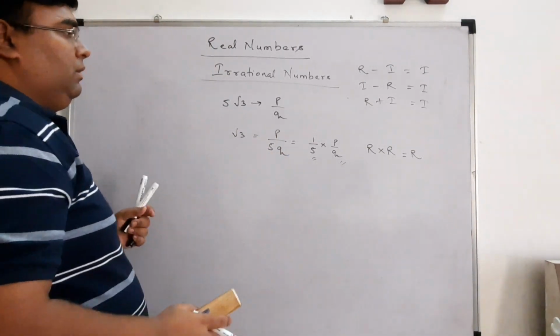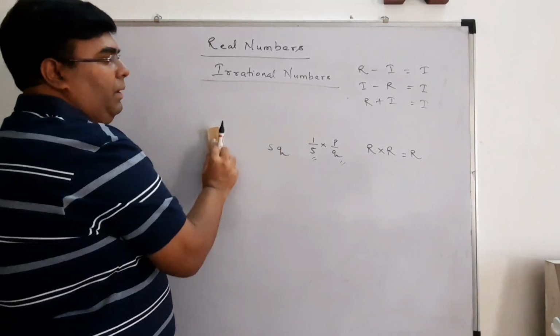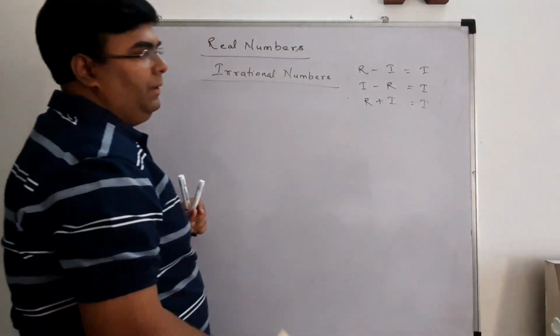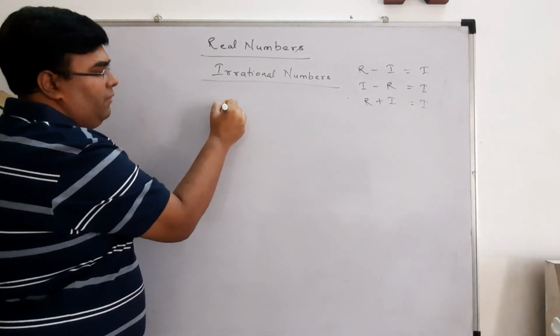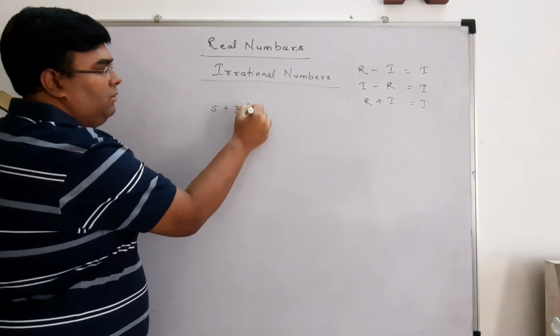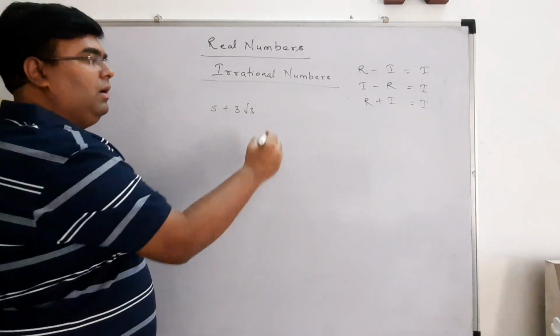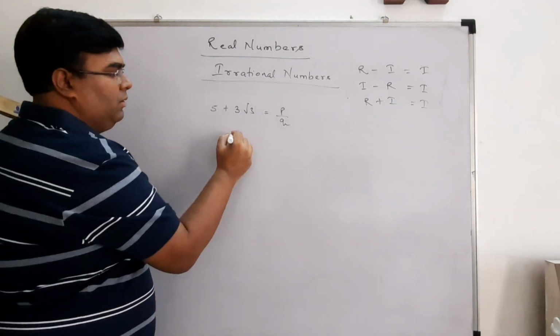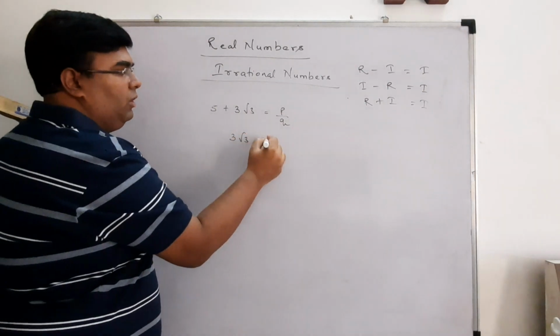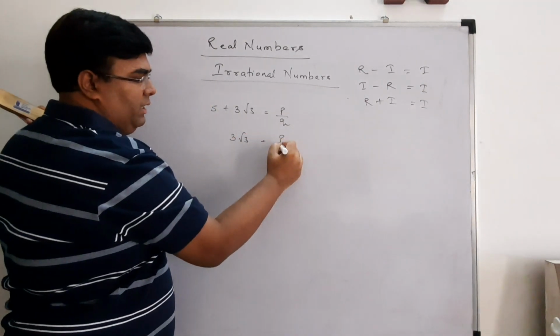Okay. Now I am taking one typical case. Okay, two more cases. Let's say one is 5 plus 3 root 3. Suppose like this. Again it will be p by q. One by one we just shift all the numbers to right hand side.